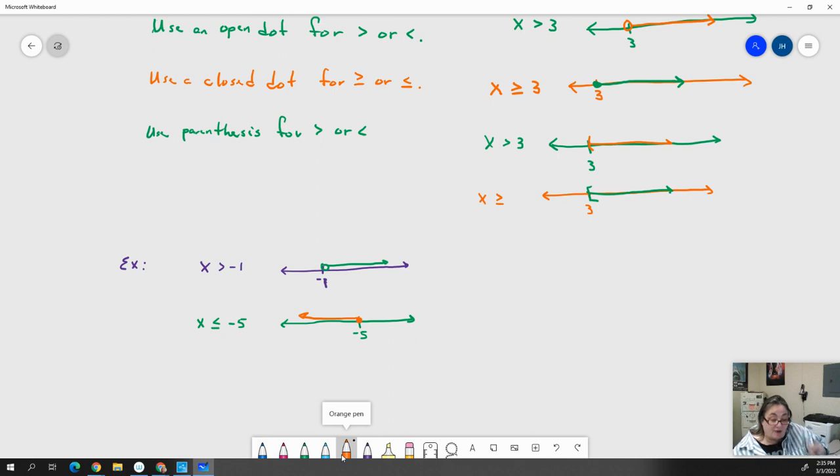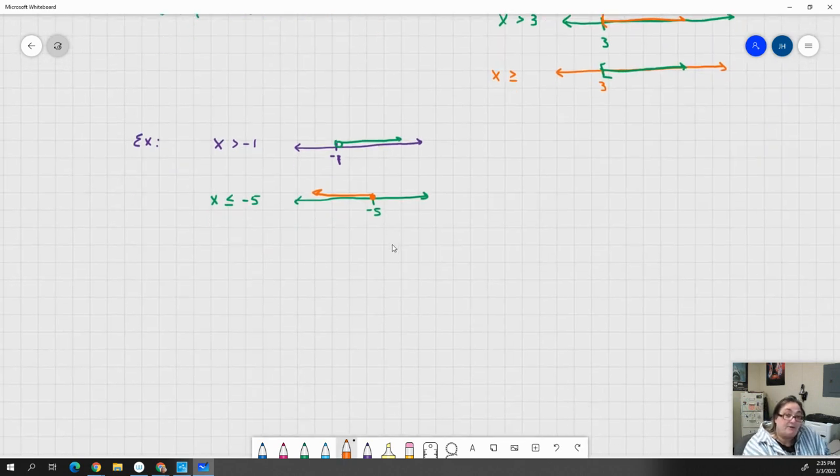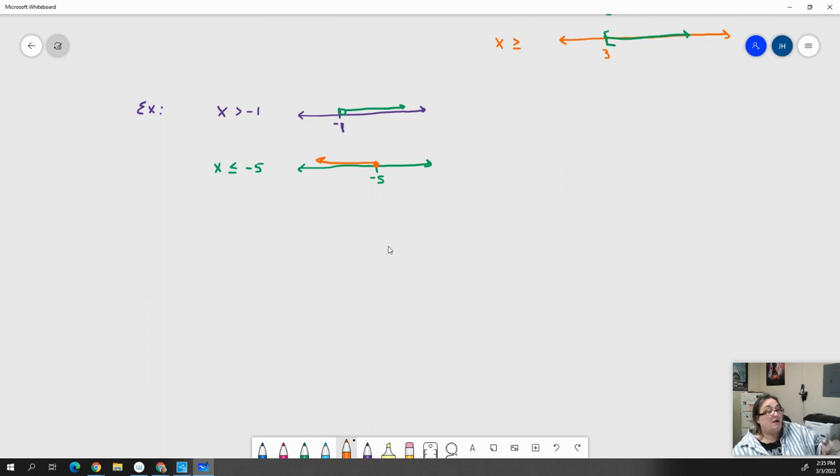So nothing too extravagant. Sometimes you'll just get the graph though, and you will have to come up with the inequality by yourself. So say I'm given a graph with 0 right here, and on it I have a closed dot going in this direction, right?